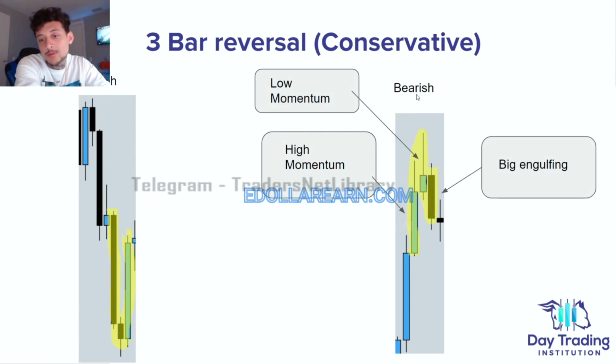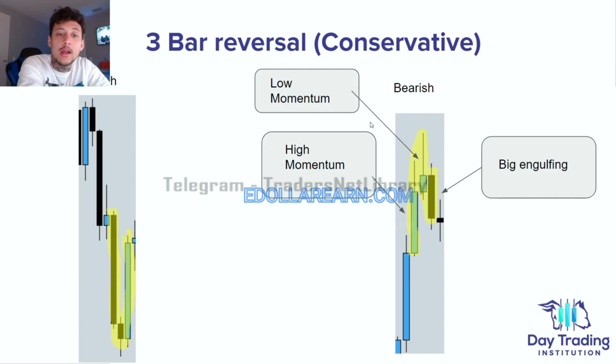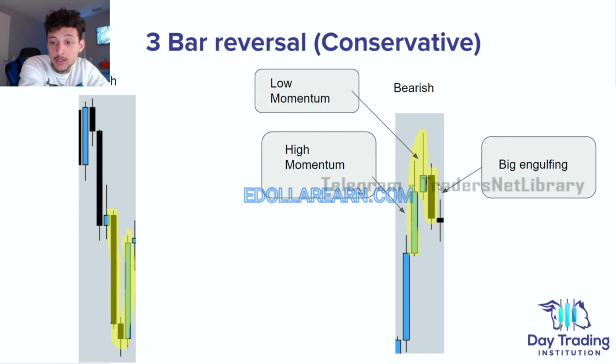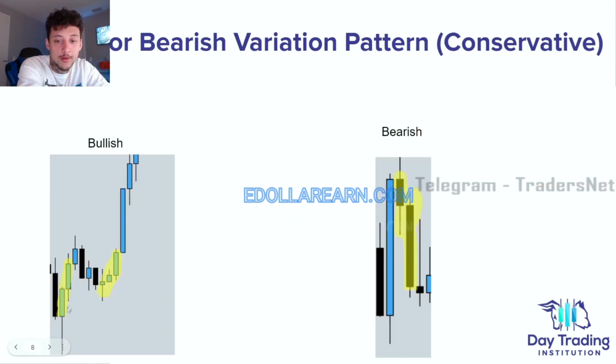If we take a look at this bearish variation, typically a 3-bar reversal is going to consist of a high momentum candlestick such as this one, followed up by a low bullish momentum candlestick, then a big strong engulfing bearish candlestick. Notice the variation pattern, right?